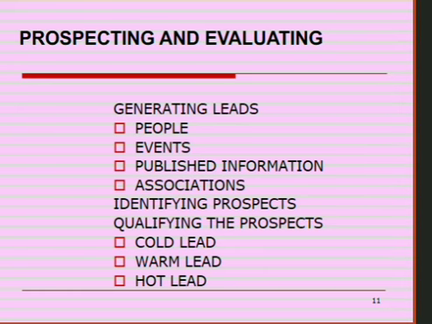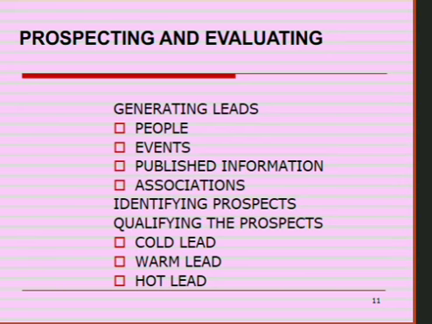Now to qualify a prospect, depending upon the information collected, the salesman qualifies the customer into 3 categories: cold lead, warm lead and hot lead. Cold lead refers to a prospect who cannot turn into a customer. Second, warm lead.